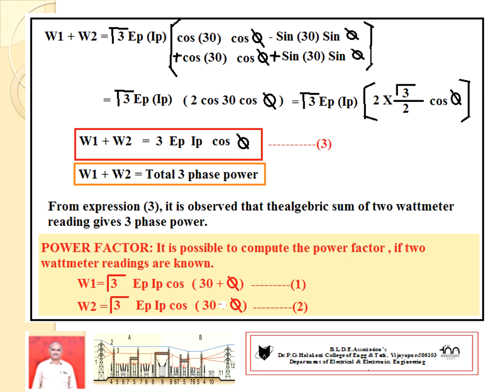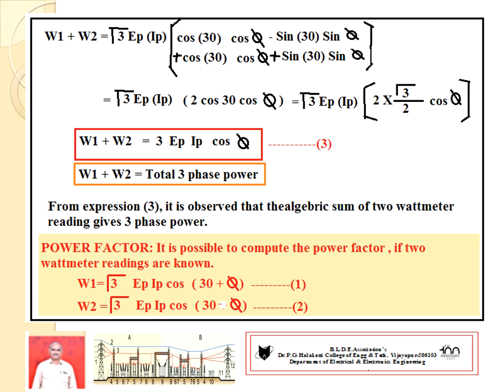Another one is cos 30 cos phi plus sin 30 sin phi. Here the sin terms are opposite, both are going to cancel. So we are going to get 2 cos 30 cos phi inside the bracket. So cos 30 is replaced by root 3 by 2, then cos phi as it is. So W1 plus W2 equal to 3 times EP IP cos phi.